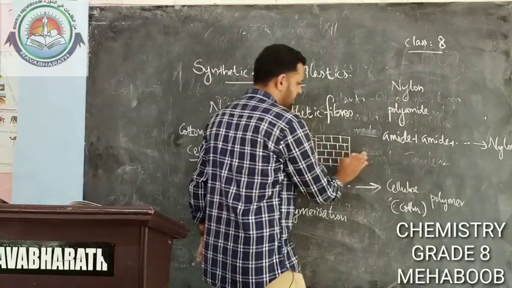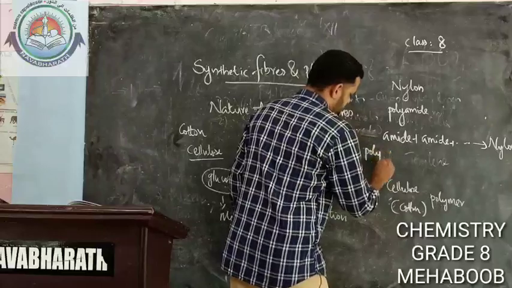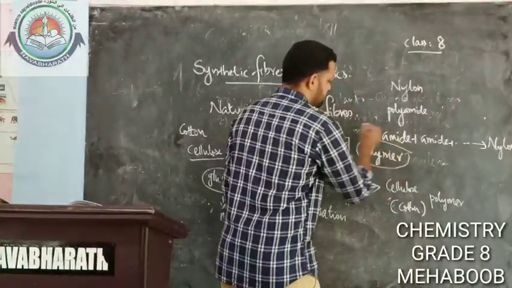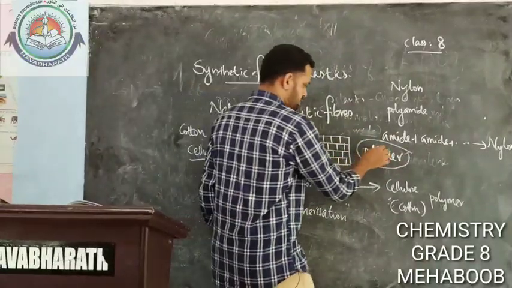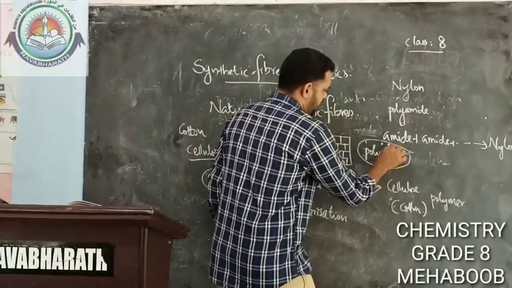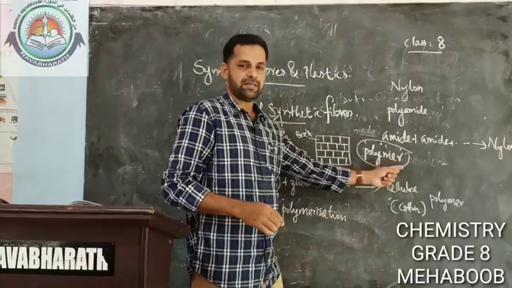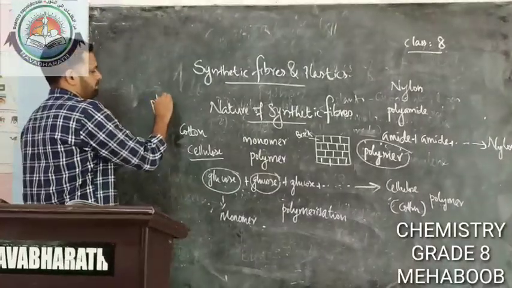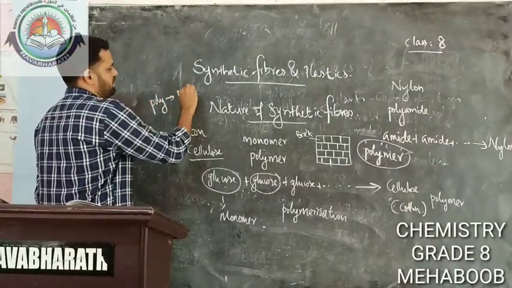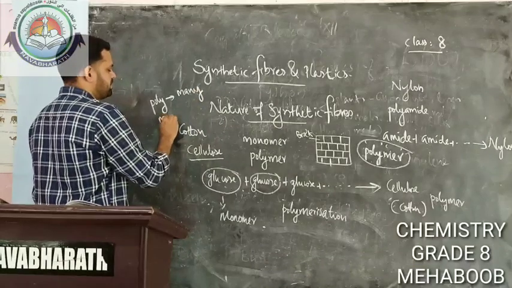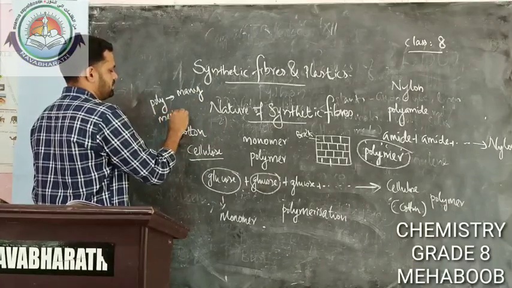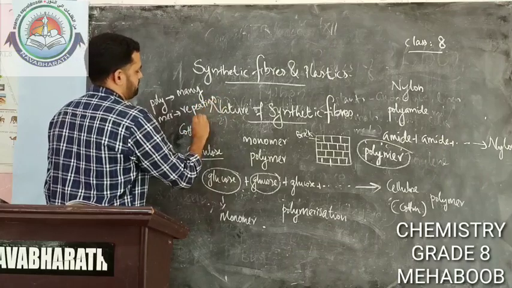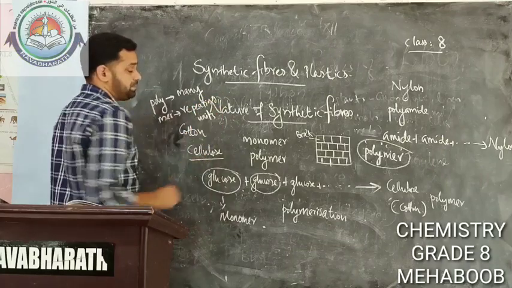See, here we were talking about the polymer. The word polymer is derived from two Greek words, poly and mer. In Greek, poly means many, and mer means repeating units.